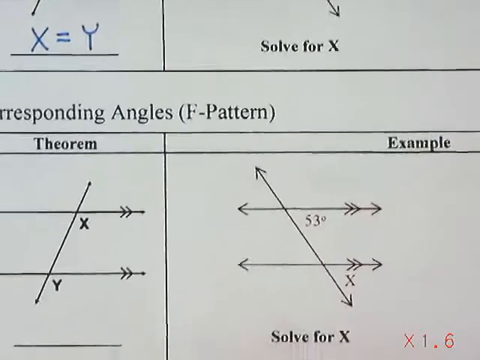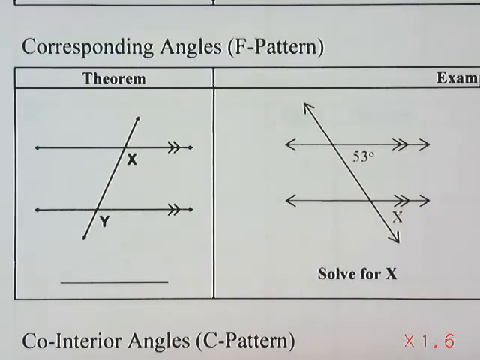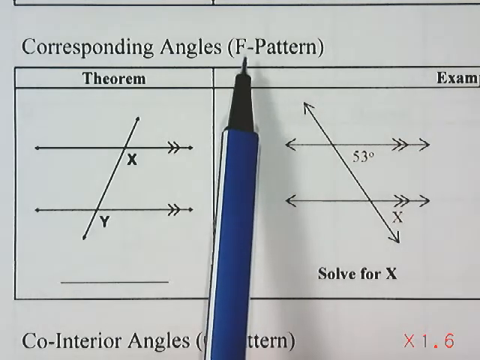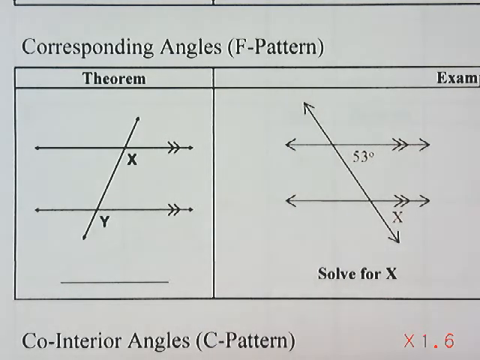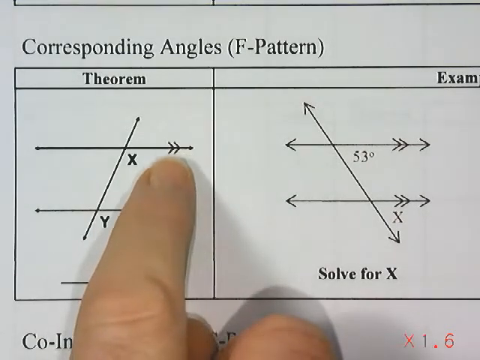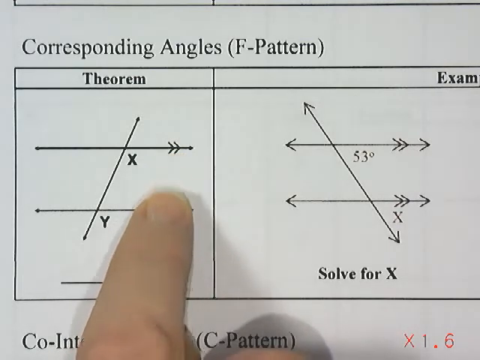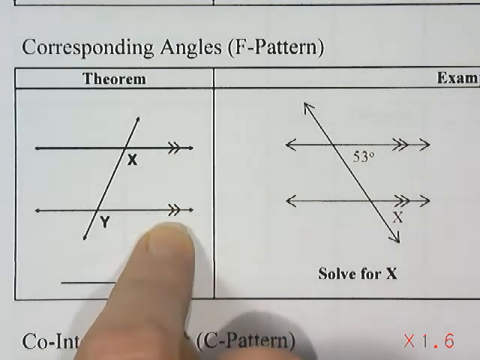Okay, our next pair of parallel line patterns are corresponding angles, otherwise known as F pattern. And they are called F pattern for the same reason that Z pattern was called Z pattern. If we trace over the angles, we should see the letter F. So I do always look first for those parallel line markings. That's how I know that I can use this theorem.